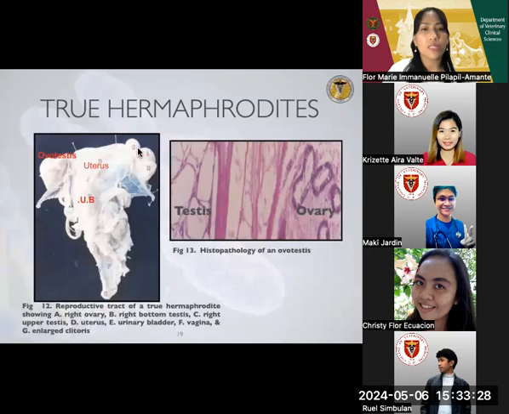Right ovary here, and then B is the bottom testes, and C is the right upper testes, okay? But in here, we can mostly see just one of the testes. Here, it seems this is the other testes, and the middle is the rudimentary ovaries. So the urinary bladder is not affected, the uterus is also not affected, the cervix is not affected, but mostly it's the ovaries.